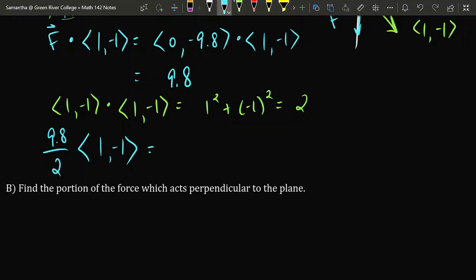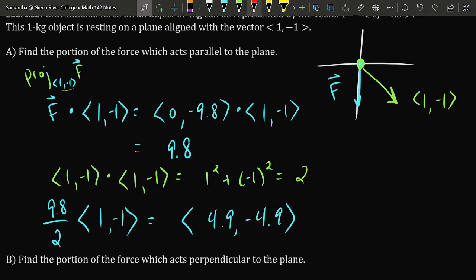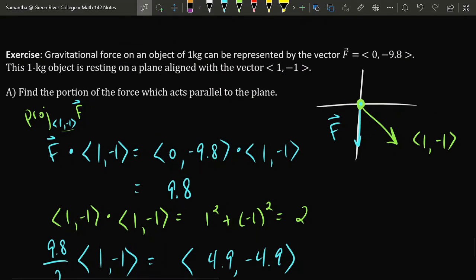That works out to be 4.9, negative 4.9. This is the portion of the force which acts in a direction aligned to the plane represented by the vector 1, minus 1. So that would be about here.